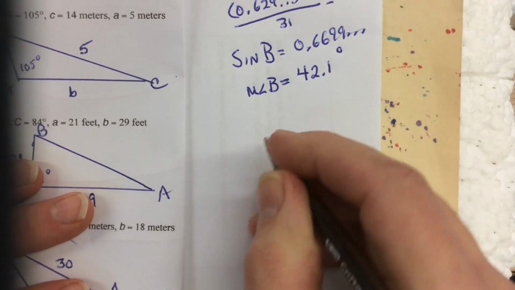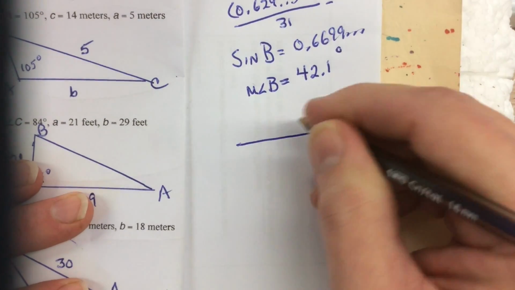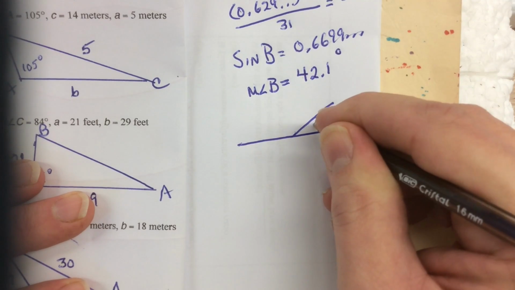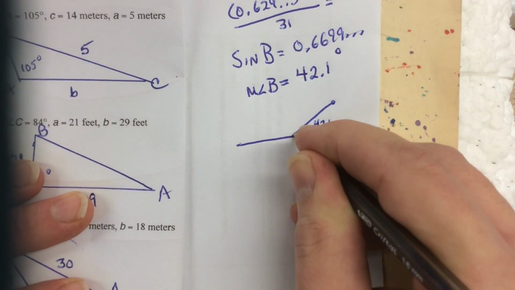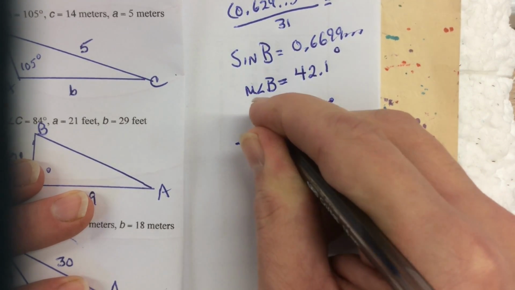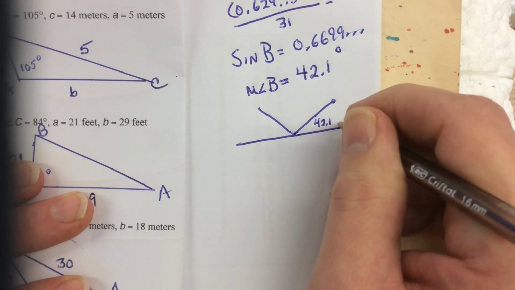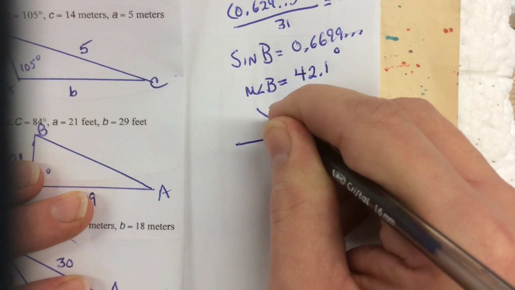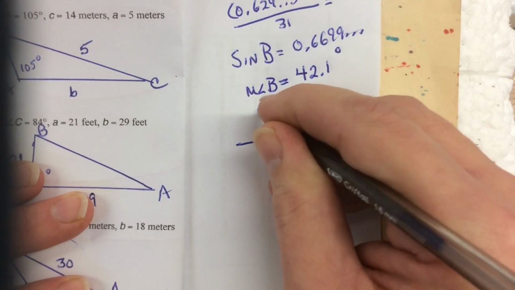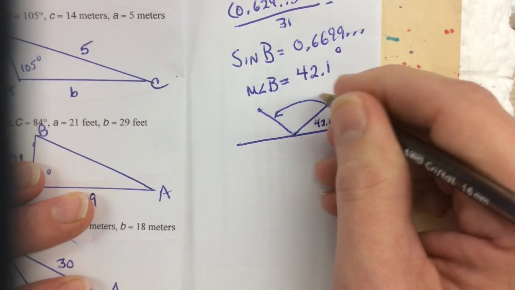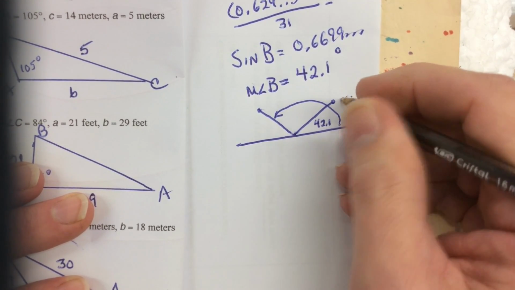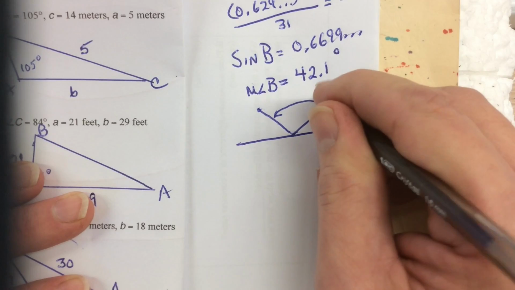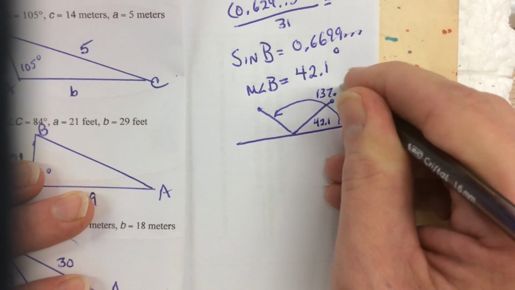But keep in mind, if there's an angle here that's 42 degrees that has a particular sine, there's going to be another angle over here that will be the supplement of 42.1 that will also have the same sine. And the supplement here is 137.9.